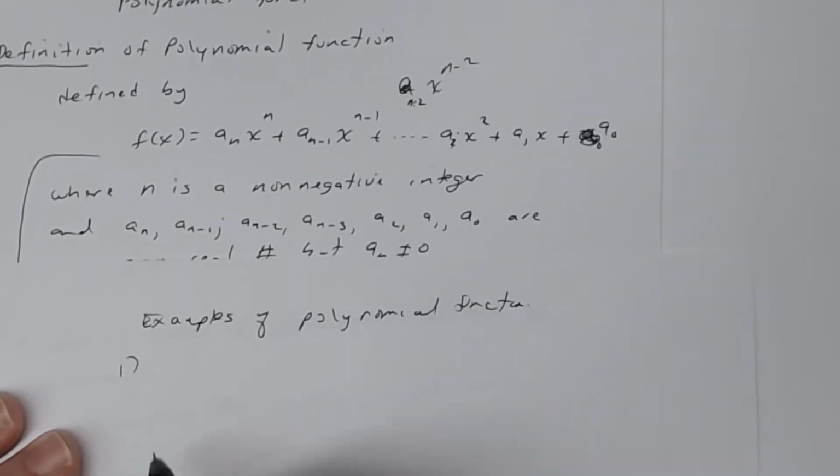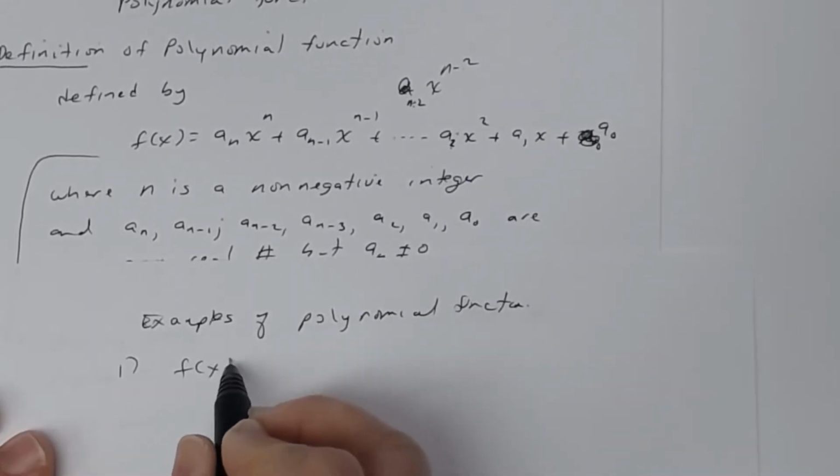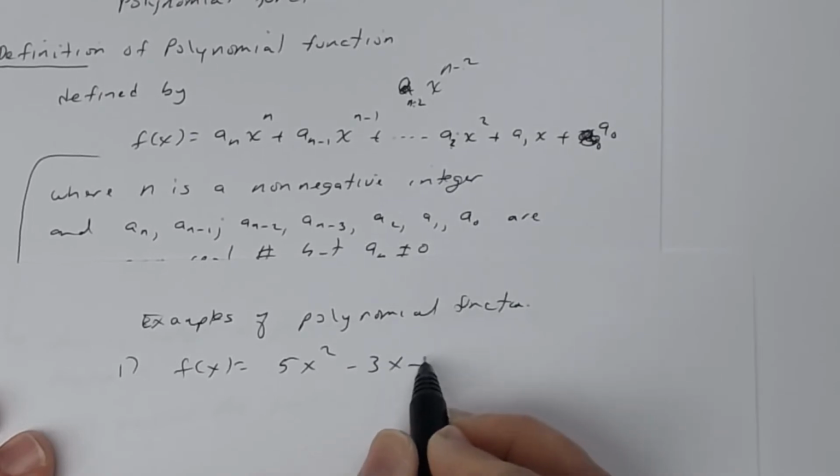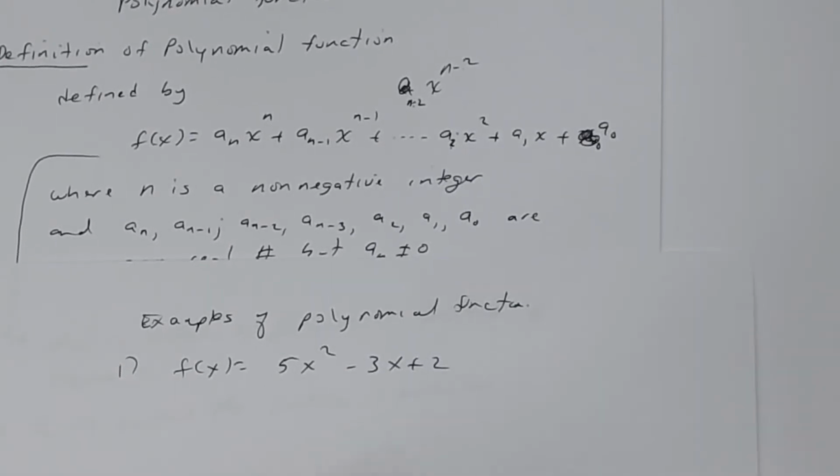Number 1 would be something like f of x equal 5x squared minus 3x plus 2. All right, so notice that all of the exponents are integers, the exponent of the variables. This exponent is a positive 2, this exponent is a positive 1, you have a constant. You don't always have a constant, though. You don't have to have a constant.